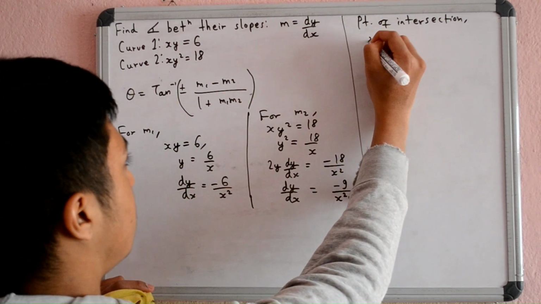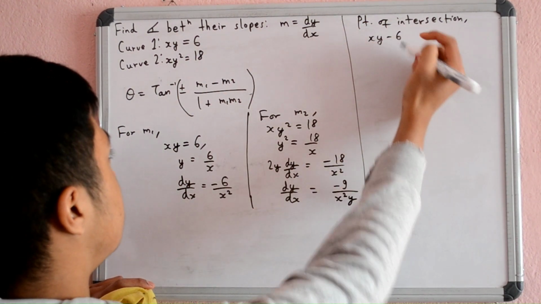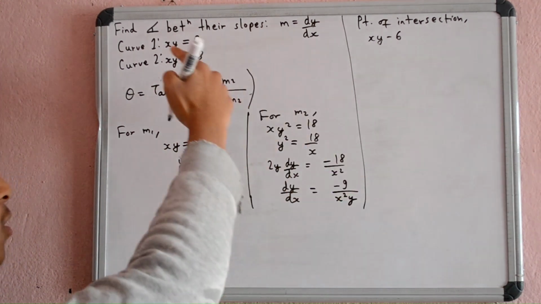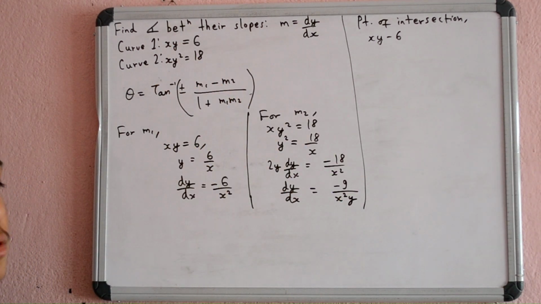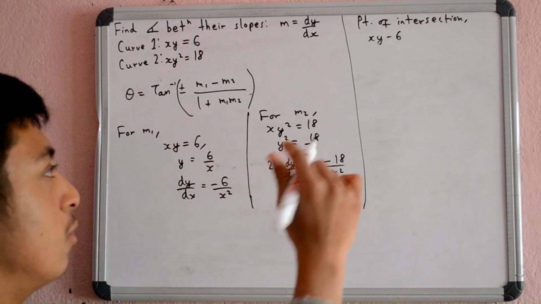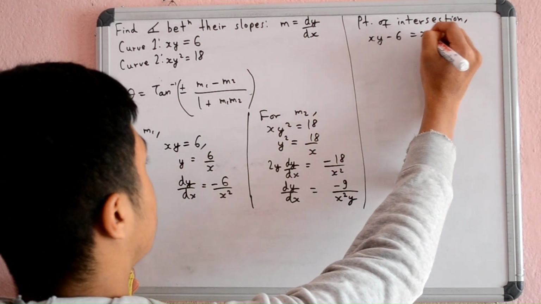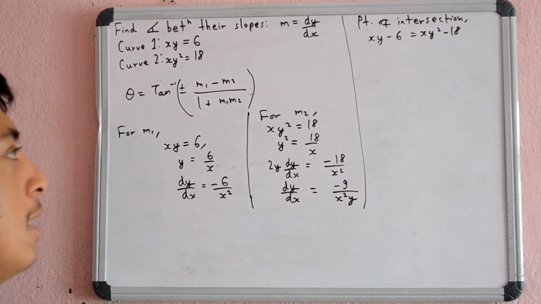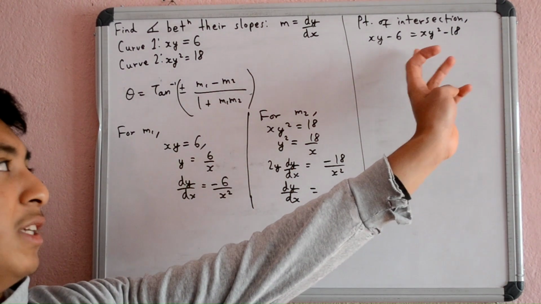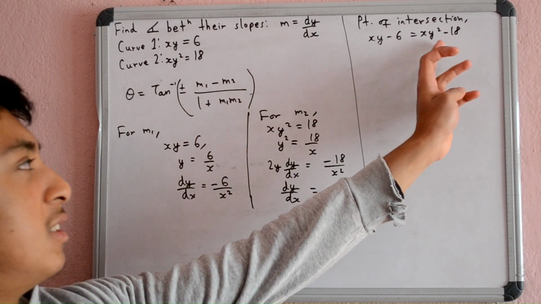One way you can do it is xy minus 6, because here the curve has to be equal to 0 and the other curve has to be equal to 0. So you put everything on one side, equals xy squared minus 18. Now you can definitely solve this, but it gets a bit tricky.